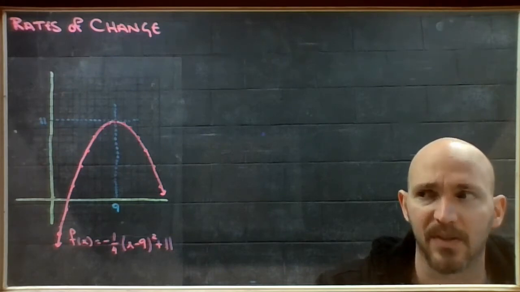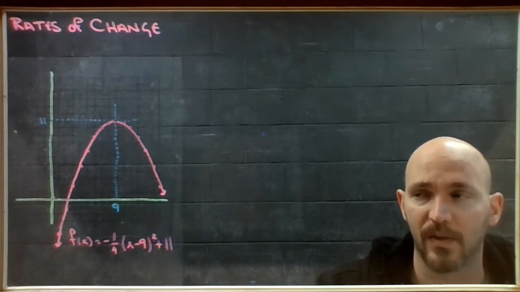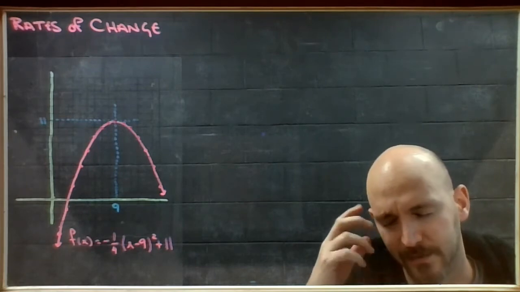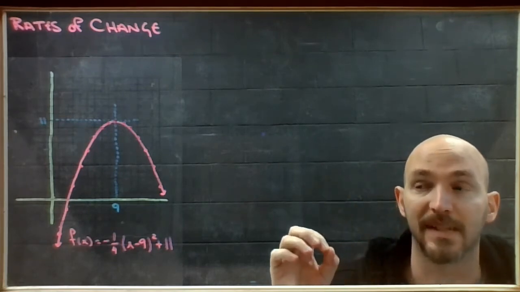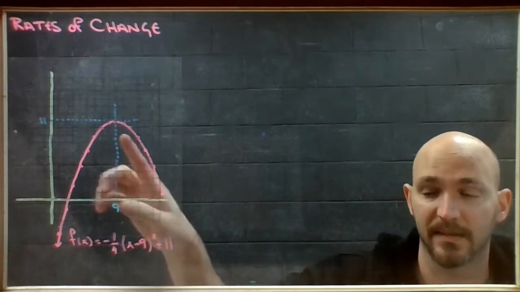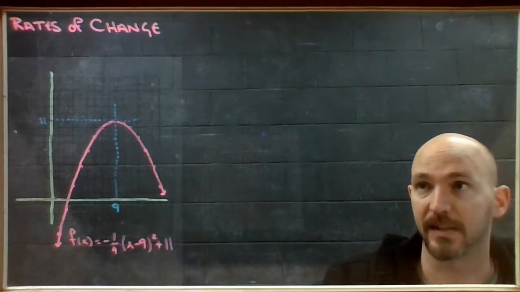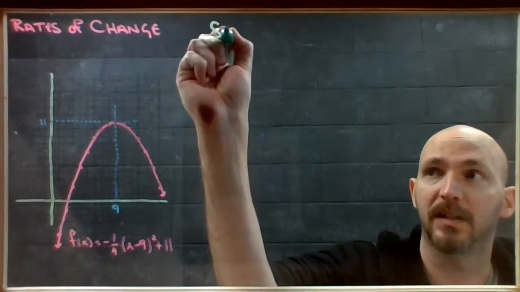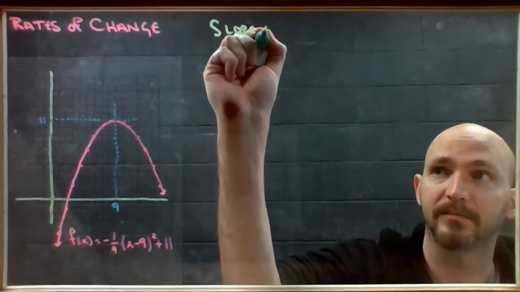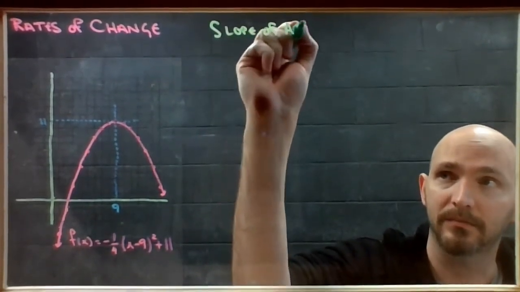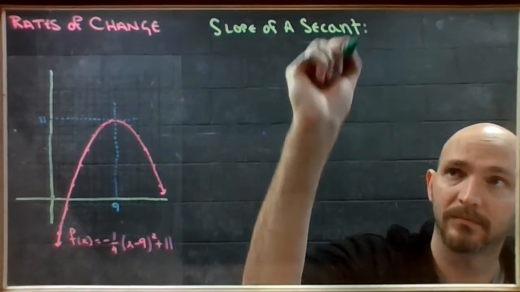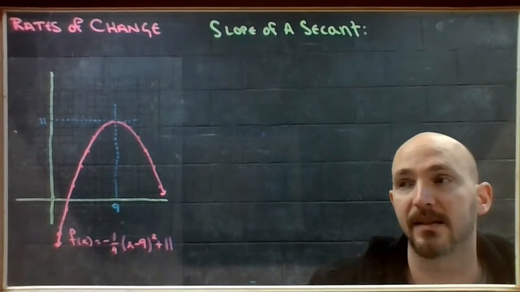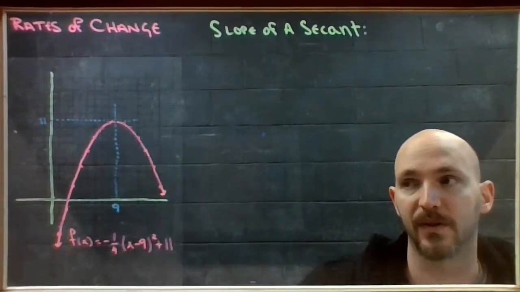So the thing I'm going to start with is the slope of a secant to this curve. So let me jot that up there. Slope of a secant. Now, a secant is a line that just cuts through the function.